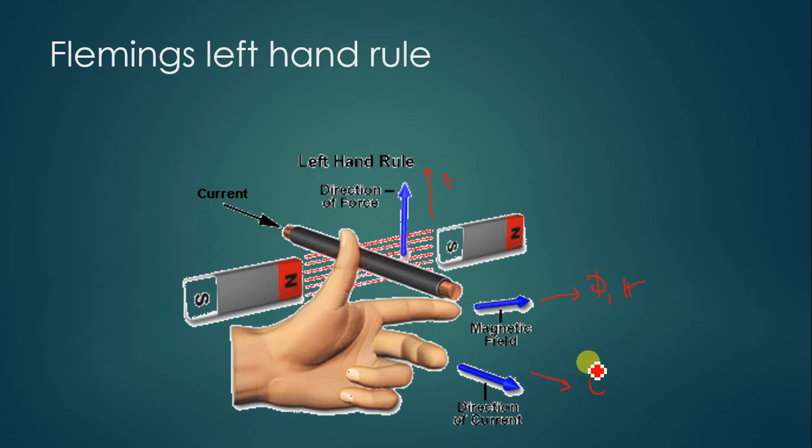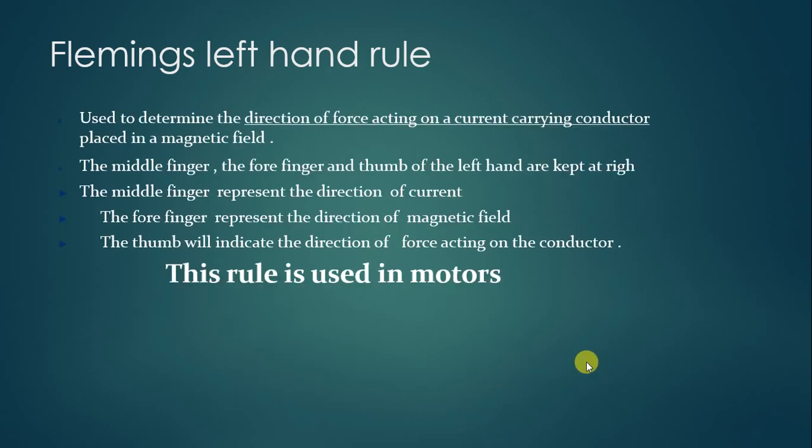This Fleming's left hand rule is used to determine the direction of force acting on a current carrying conductor whenever it is placed in a magnetic field. The middle finger, forefinger and thumb of the left hand are kept open at right angles, which means each finger makes 90 degrees with the others.